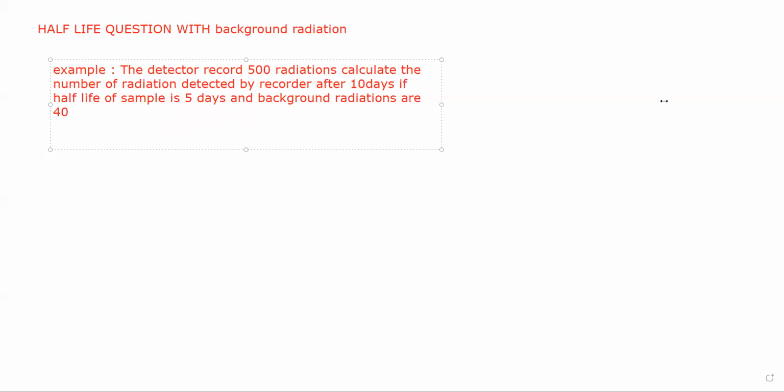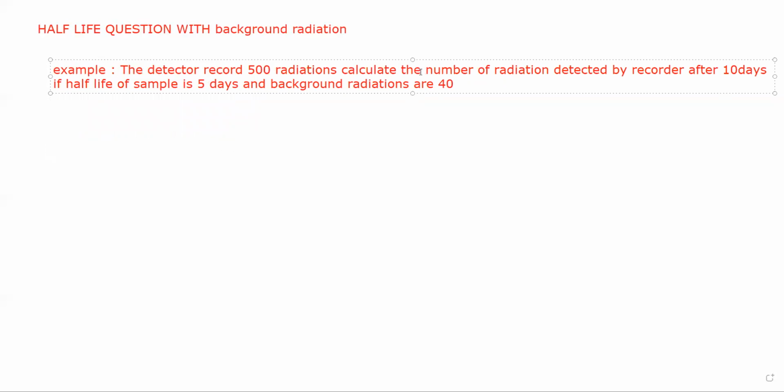So this is the question. The detector records 500 radiation. Calculate the number of radiation detected by the recorder after 10 days if the half-life of the sample is 5 days and the background radiation is 40.